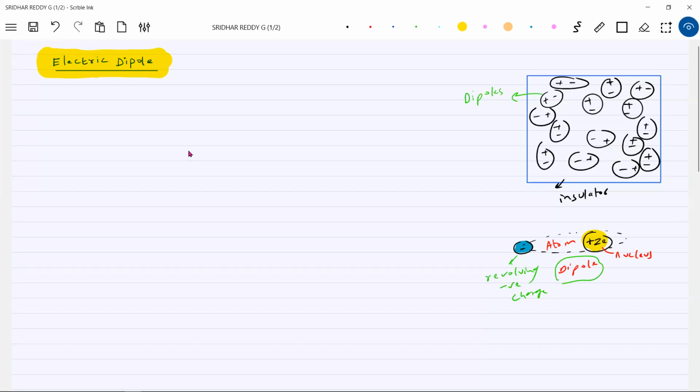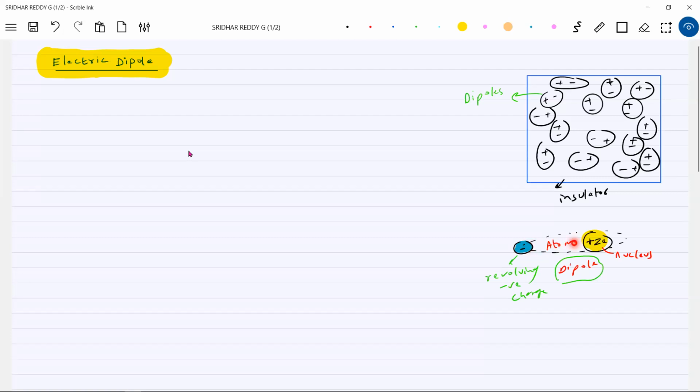Okay, let's come to the dipole. What will be the charge of the atom altogether? The atom is electrically neutral. How much positive charge is present, that much negative charge will be revolving around the atom. So the net charge should be 0. And the electron and the nucleus will be separated by a distance. I will go for an average.